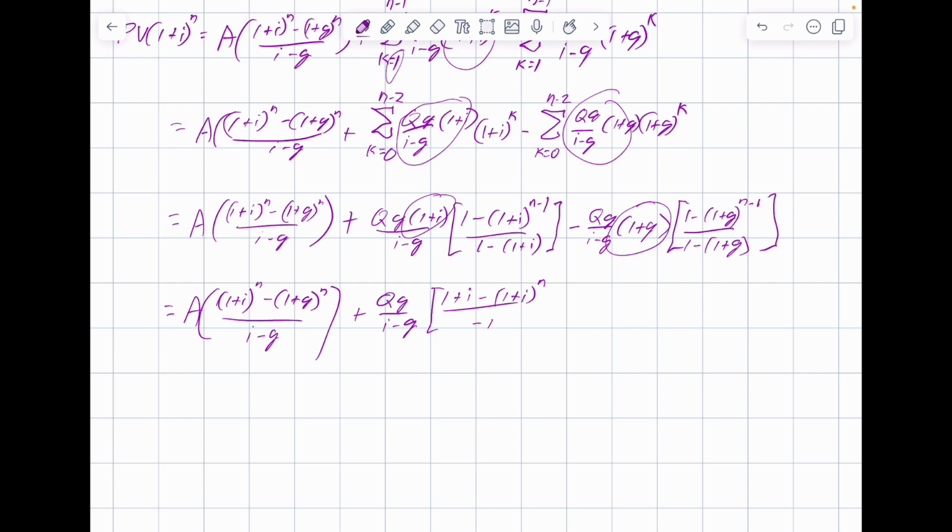The ones in the denominator will cancel, so we'll just be left with negative I. And we'll distribute the 1 plus g in this term back into the equation. So 1 plus g times 1 is 1 plus g minus 1 plus g to the n power instead of n minus 1. And again, the 1's cancel out, so we're just left with minus g.